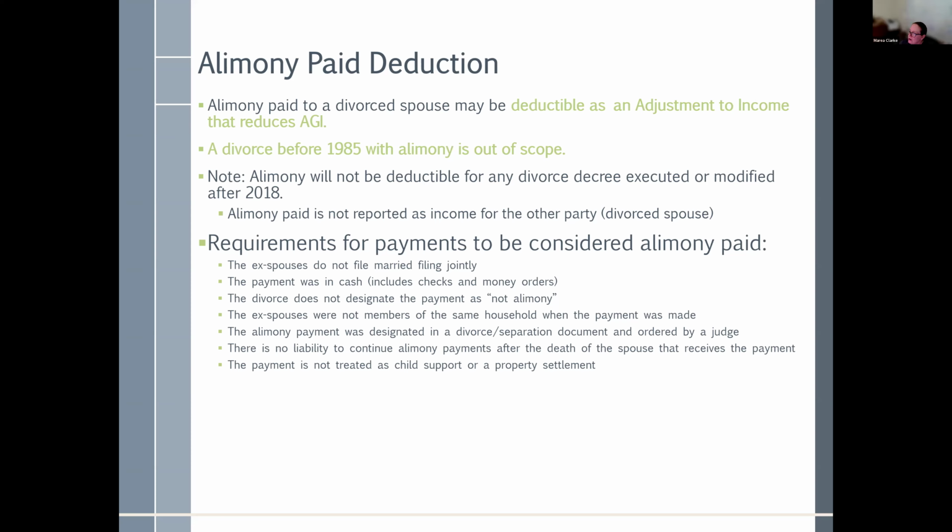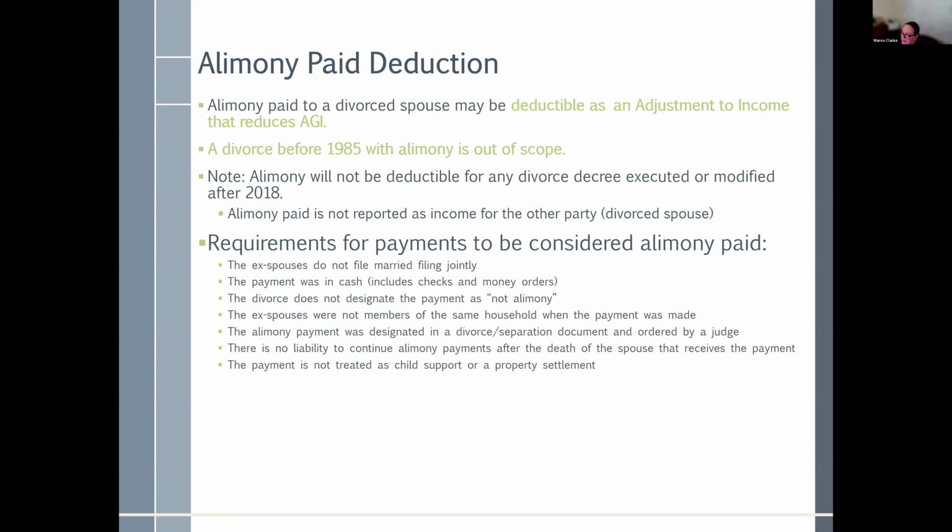And there's a big list of requirements for it to be considered an adjustment or a deductible expense. So this is kind of the list. I'm not going to really go through it, but basically all of these criteria would have to be met. So if we ever did see any clients that had alimony, or if you had any questions about it, my recommendation, come back to these slides, come back to the 4012.